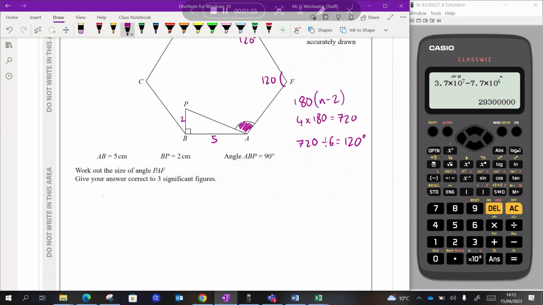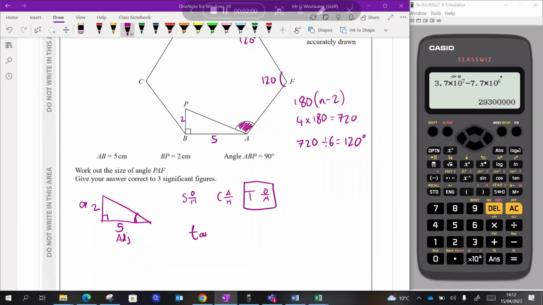Now in part 2 I'm going to take this right angled triangle of 5 and 2 and work out this angle here. So we're using basic trig with my opposite and my adjacent. SOH CAH TOA: the thing with the opposite and the adjacent is the TOA.